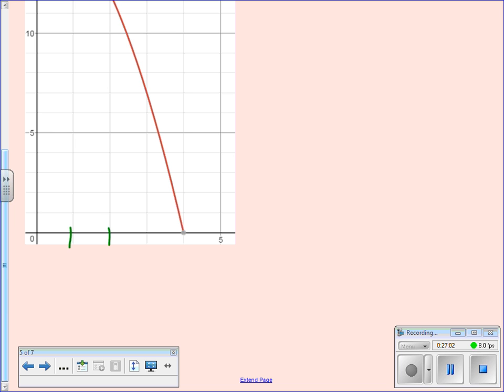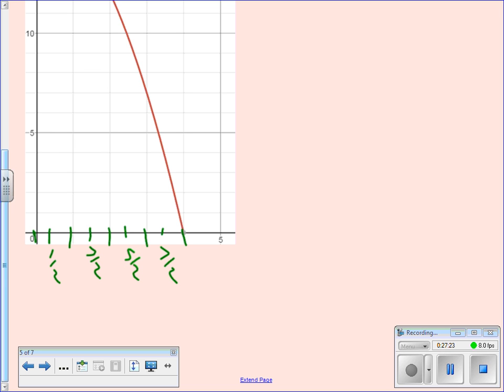1, 2, 3, 4. These are my 4 subintervals. Where's the middle of this one? It's at 1/2. The middle of this one would be 3/2. I always like using proper fractions. 5/2 and 7/2. Those are the middle.